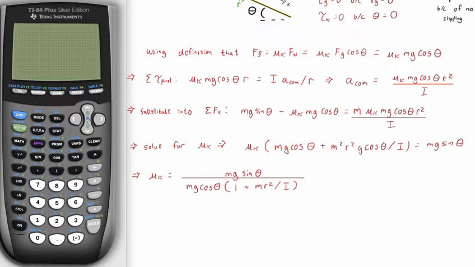Yes, I think so. Then I'll factor that back in for mu k above.